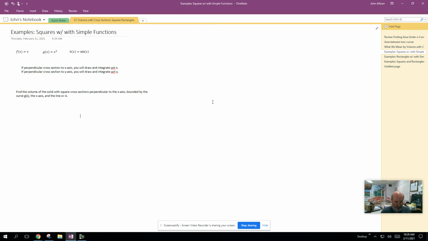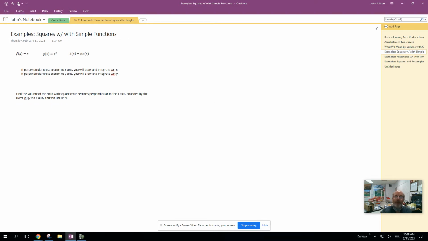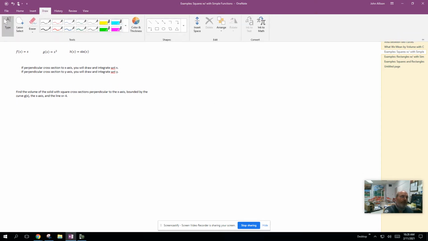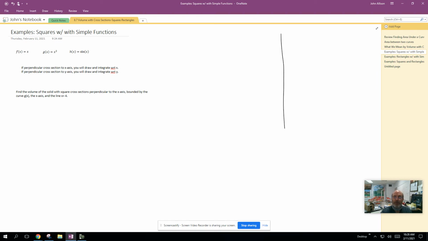So we're going to take g of x, which we know is the parabola, y equals x squared. We're looking for that region, the square cross sections perpendicular to the x-axis.